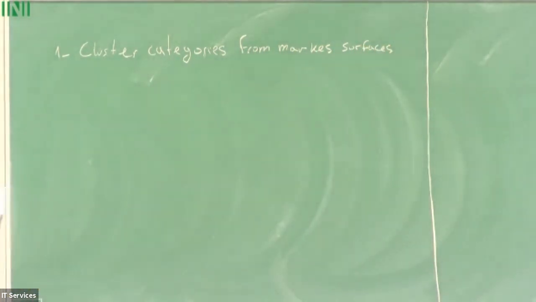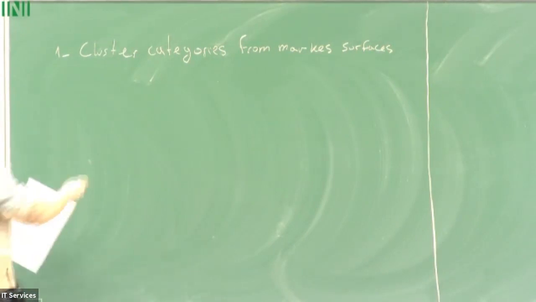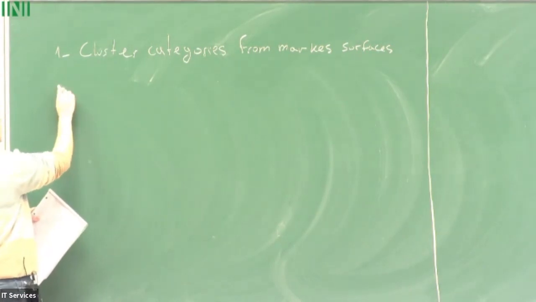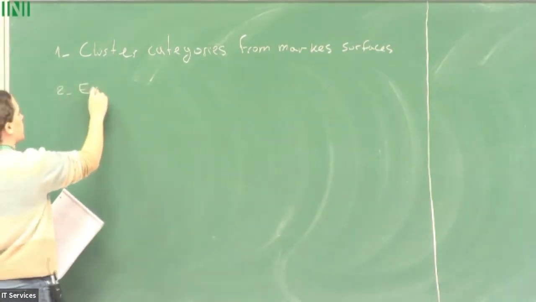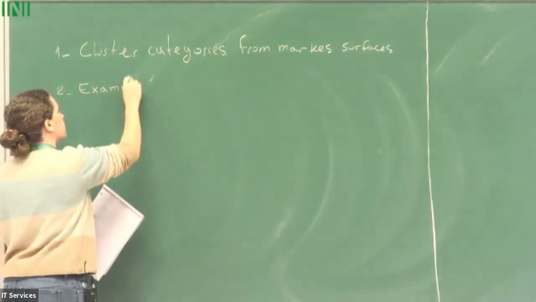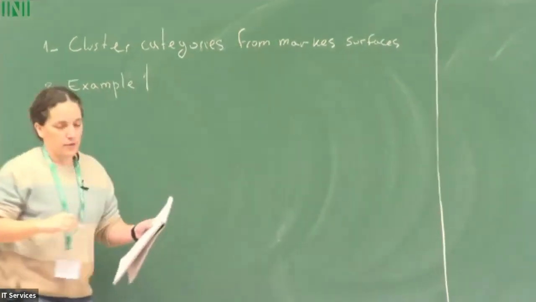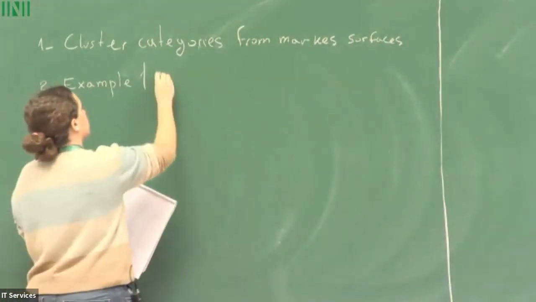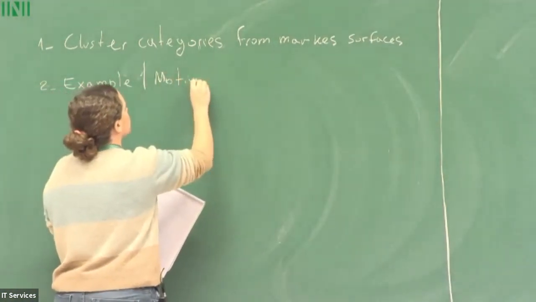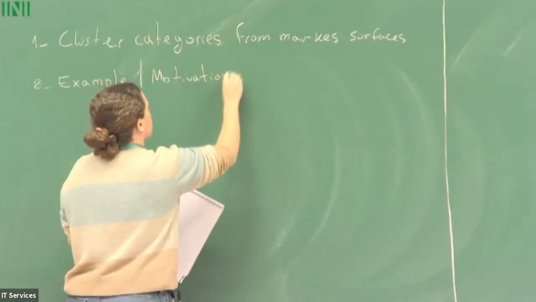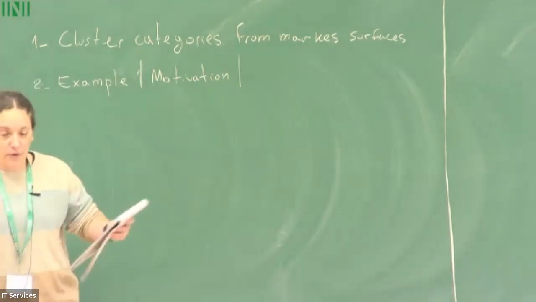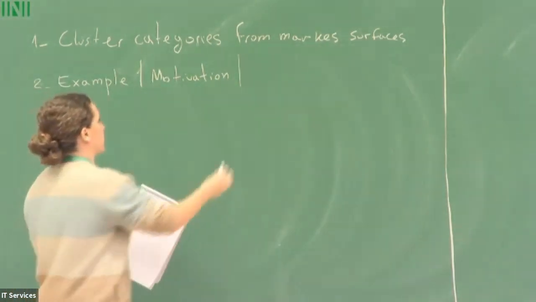First, by speaking a bit about cluster categories from marked surfaces, just to know the main ingredients. Then I want to give an example, which is also for me a motivation. And by the way, I'm going to use this to settle some notation.